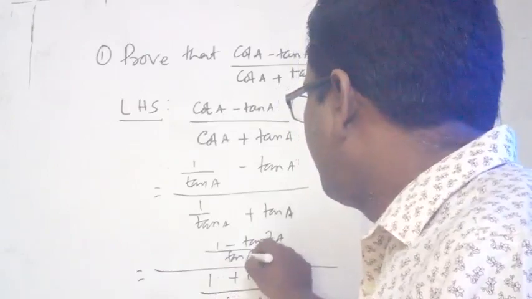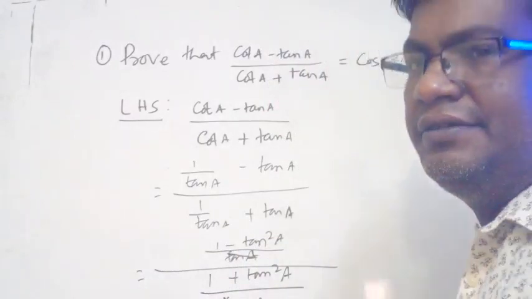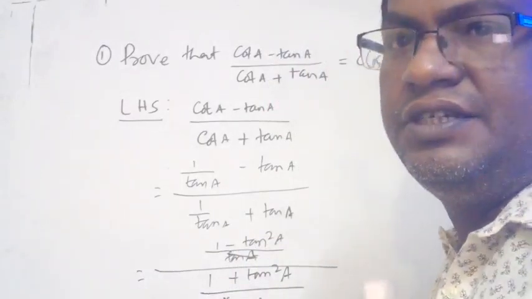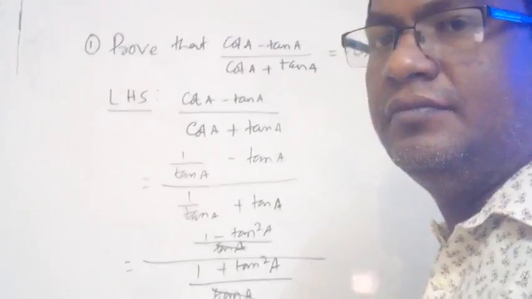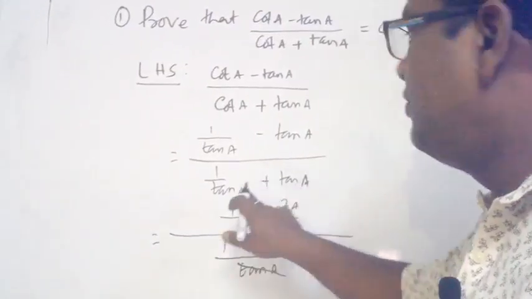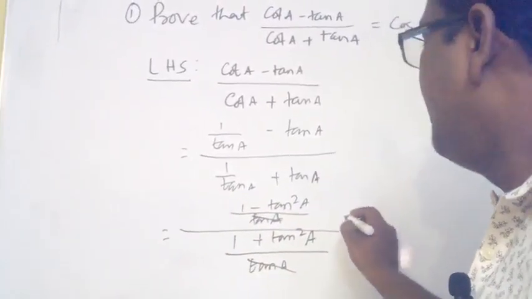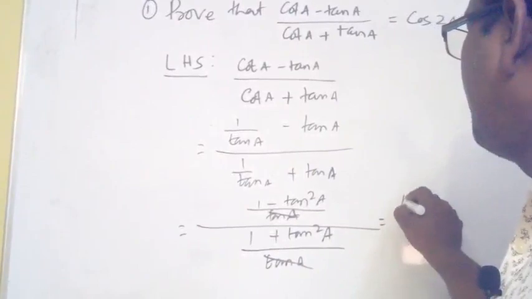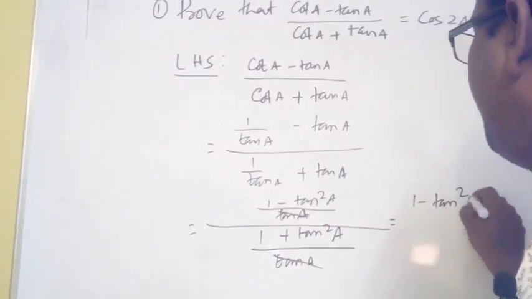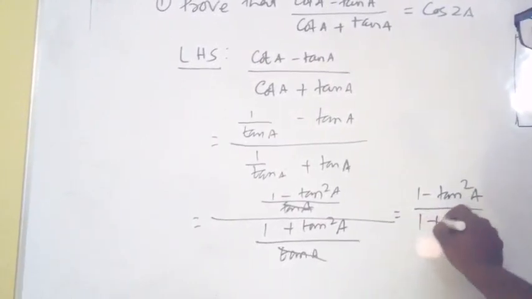So the LCM tan a goes cancel. What is here? This is 1 minus tan square a by 1 plus tan square a.